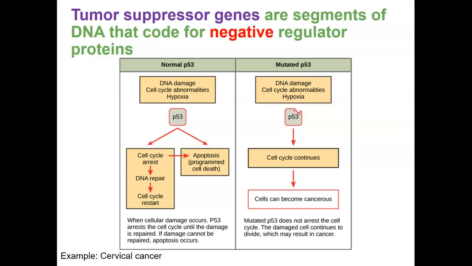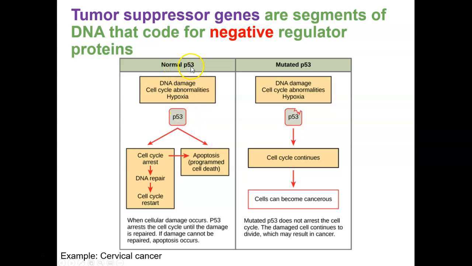Tumor suppressor genes are segments of the DNA, parts of the DNA that code for negative regulator proteins. So remember, DNA codes for proteins. One of those proteins is p53. That's a negative regulator.